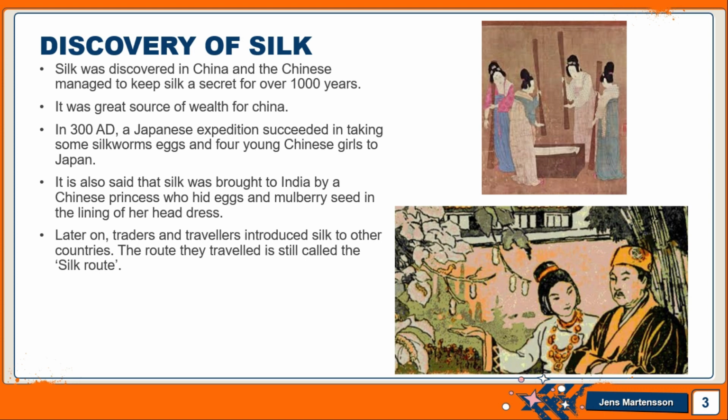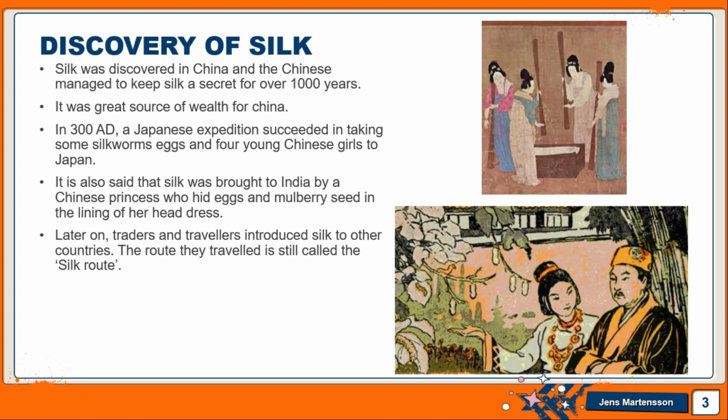Anyone from China who dared to share this information was executed or punished. Even so, some countries found out the process. A Japanese expedition succeeded in taking some silkworm eggs and four young Chinese girls to Japan, and from there, in Japan, silk was introduced.